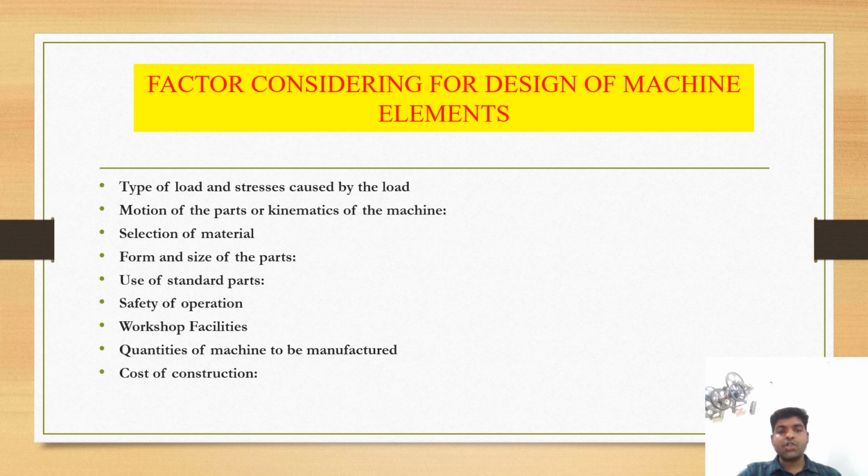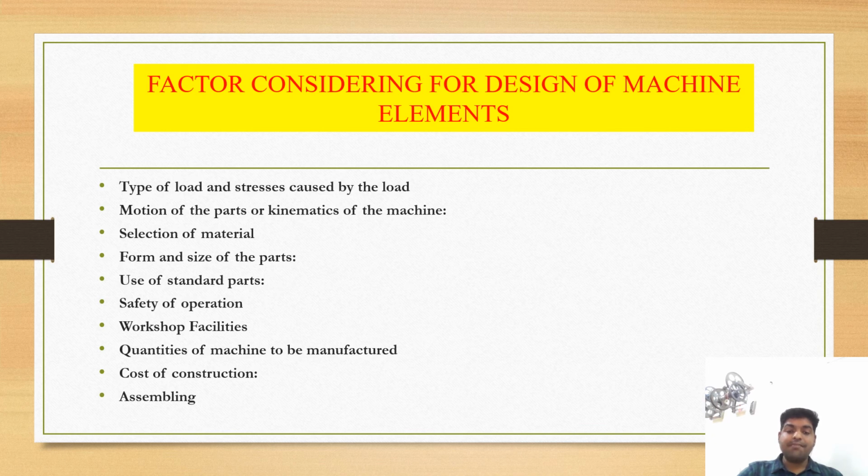Next one is cost of construction. The aim of the design engineer under all conditions should be to reduce the cost to a minimum. It is a very important consideration involved in all kinds of design. Last one is assembly. Every machine or structure must be assembled as a unit before it can function.